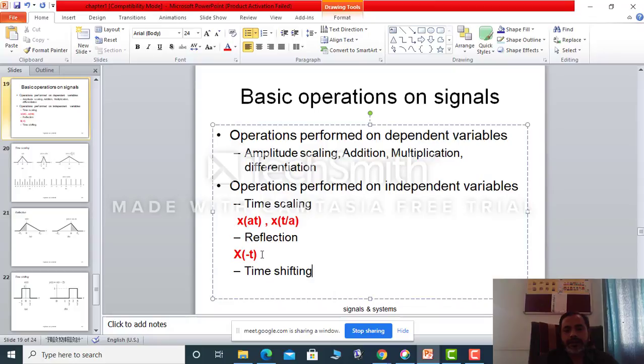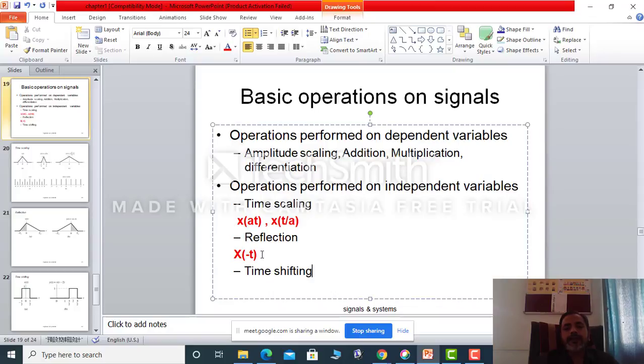You are writing the third operation, which is time shifting. In this operation, a signal gets shifted either on right side or on left side.